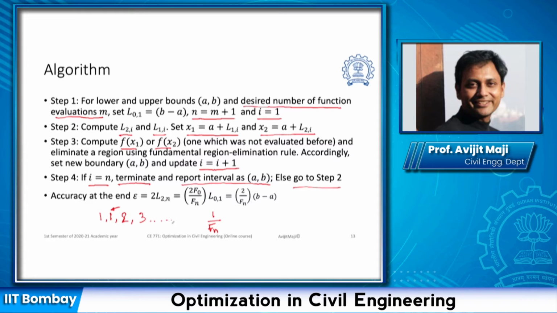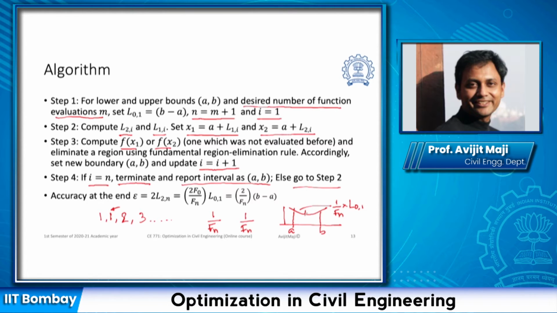The next point is also going to be 1 by Fn. If you are drawing the function in a certain way, and this was my last boundary, the distance from this point to the next point is going to be a fraction of the overall initial boundary, represented by 1 by Fn. This is a fraction of the initial boundary L0.